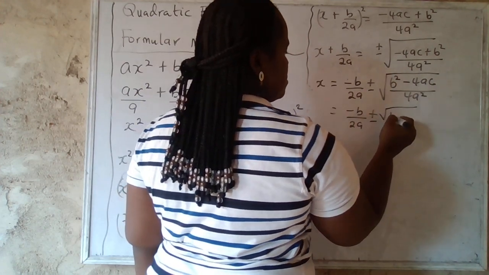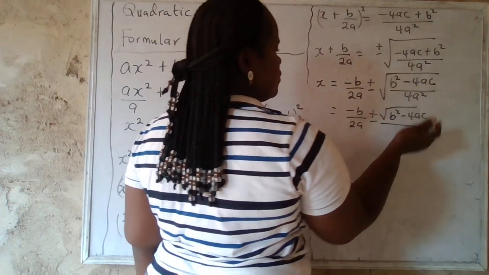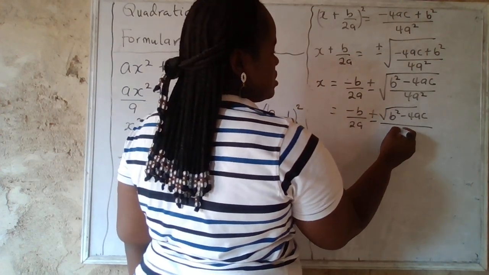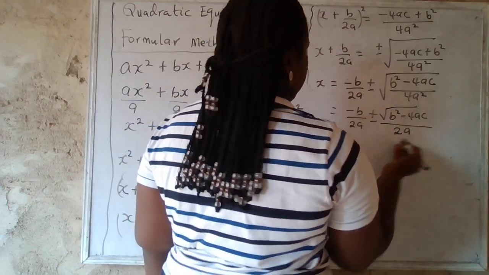The square root of this is square root of b squared minus 4ac, all over the square root of the denominator, which becomes 2a.